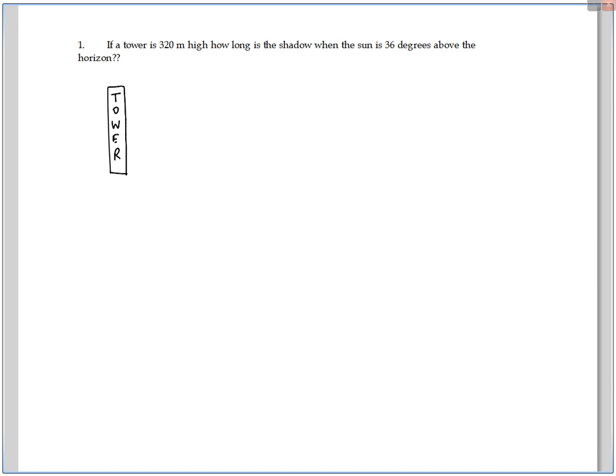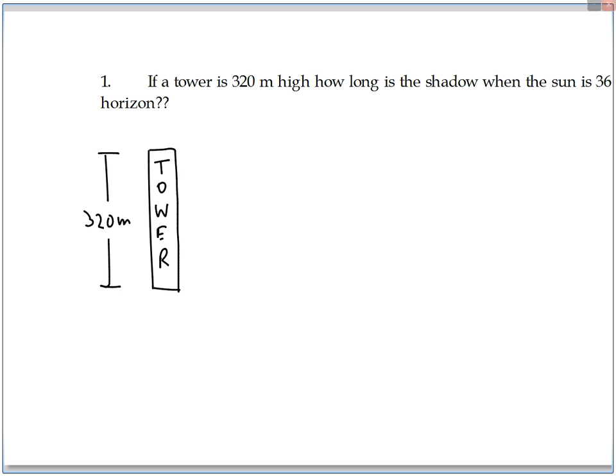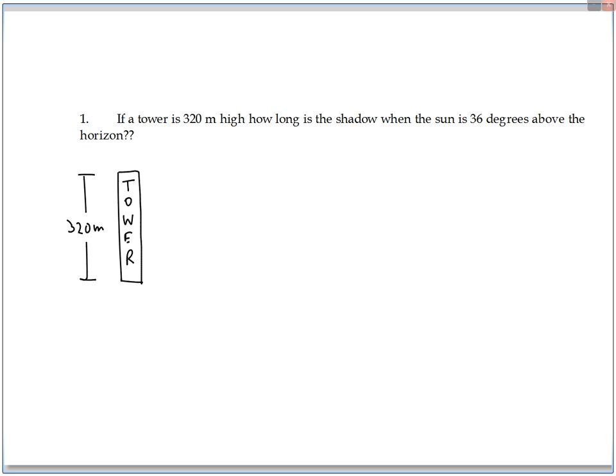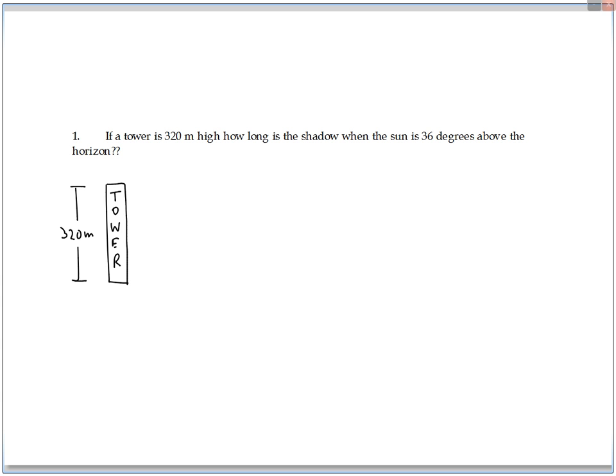It is 320 meters tall. How long is the shadow when the sun is 36 degrees above the horizon? Like always, you're going to sketch in some right-angled triangle.